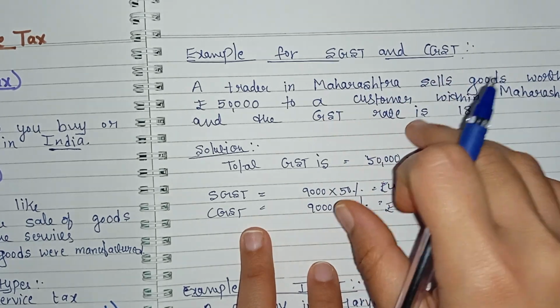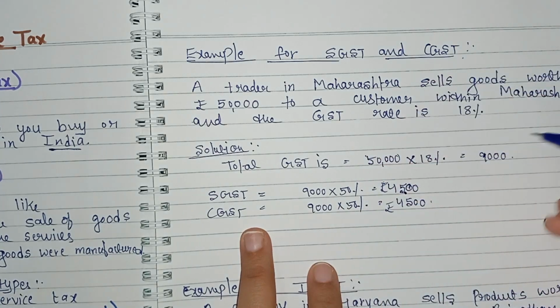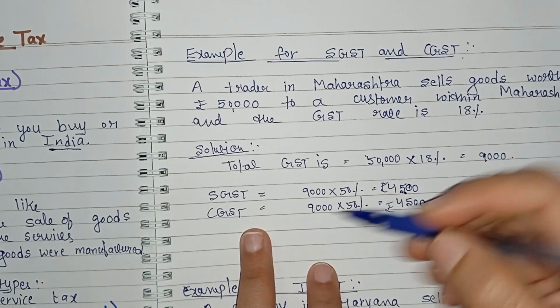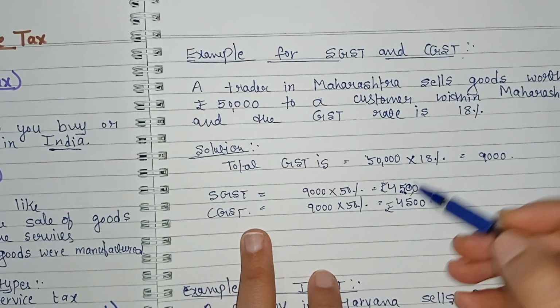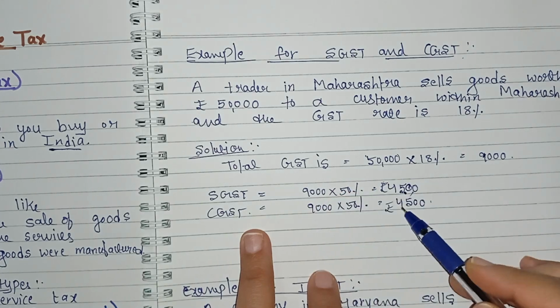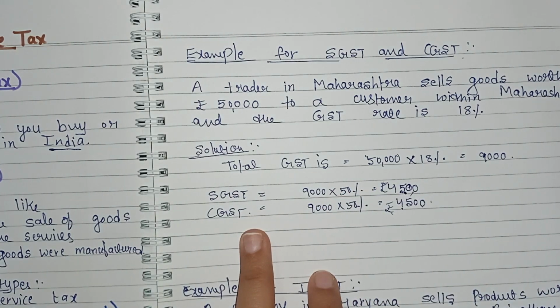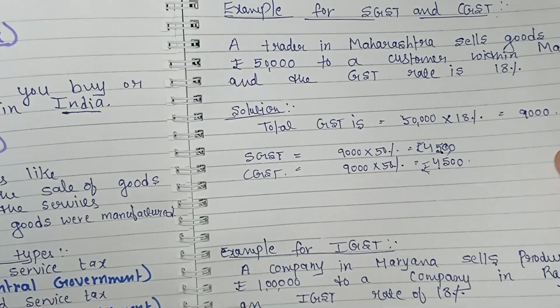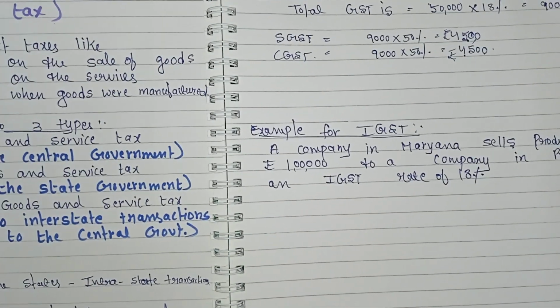Both taxes are calculated equally here, that is 9,000 tax will come, and then equally shared between state government and central government, that is 4,500 goes to the state government and 4,500 that goes to the central government. Fine. Now I will explain integrated goods and service tax, that is IGST, through one example.